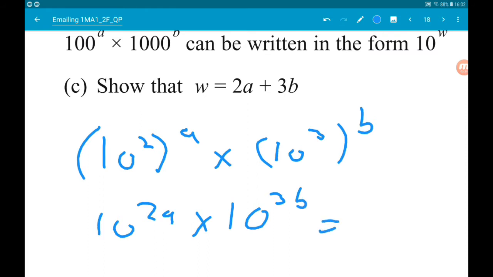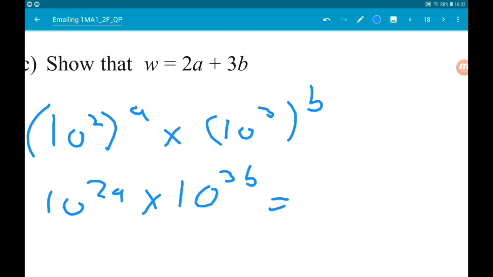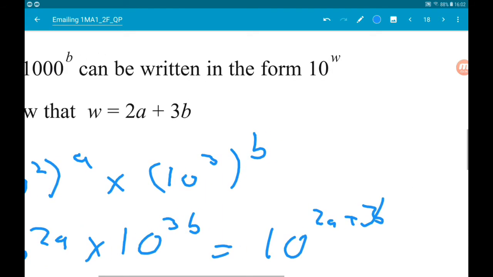And then if we add the powers, we get 10 to the 2a add 3b, which is what 10 to the w was, so we've done it.